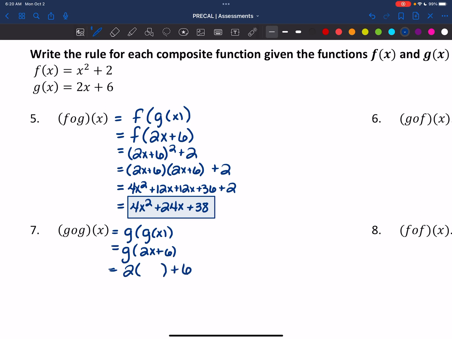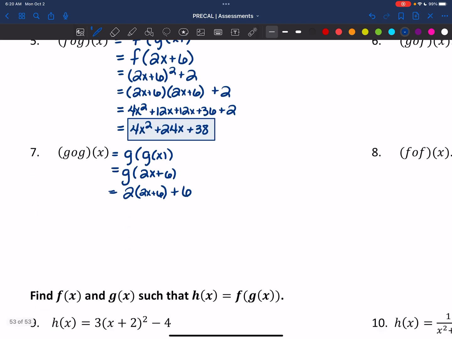So our g function rule is 2 times input plus 6, and I'm going to let that input be 2x plus 6. And so what does that give us? That gives us 4x plus 12 plus 6 after you distribute. And now we'll combine like terms. And there you have it. This is the rule for g of g of x.